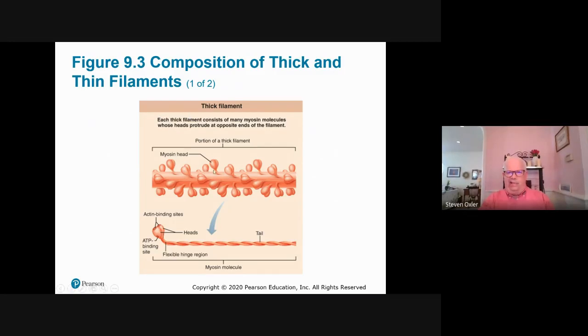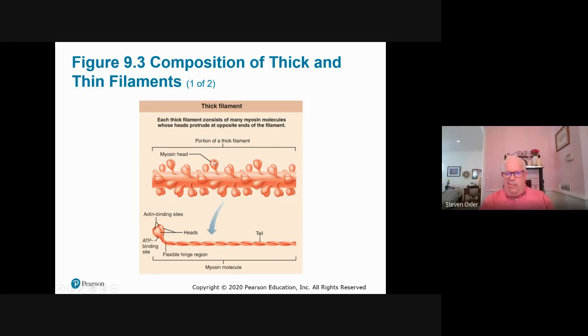This is myosin. Myosin has a head and a tail. What happens in cross bridging is that the myosin head connects to actin. It's like a golf club.